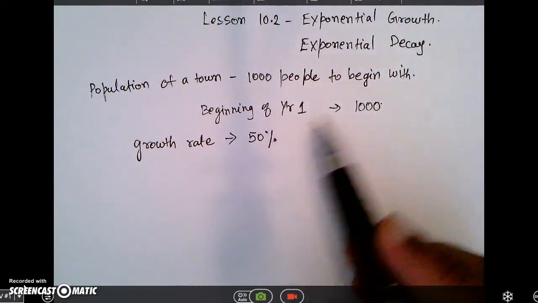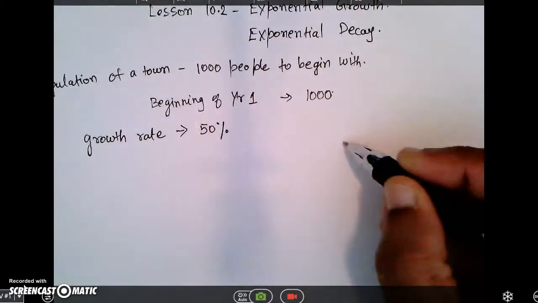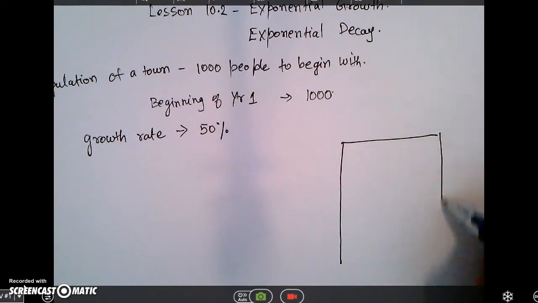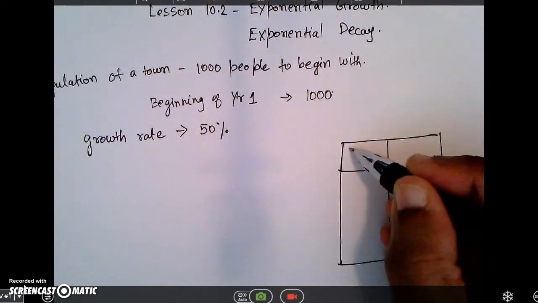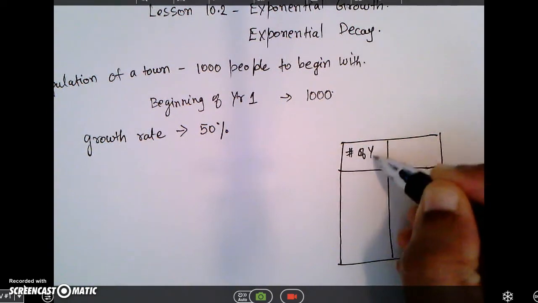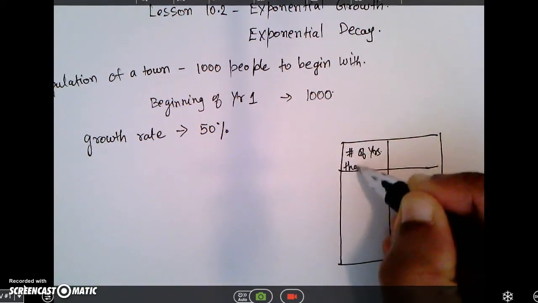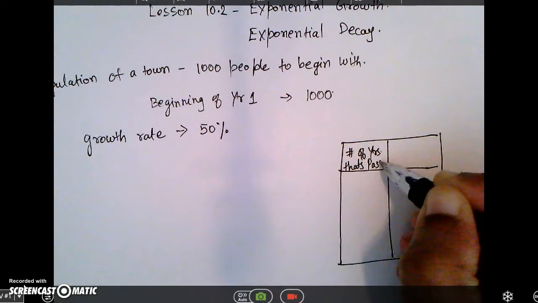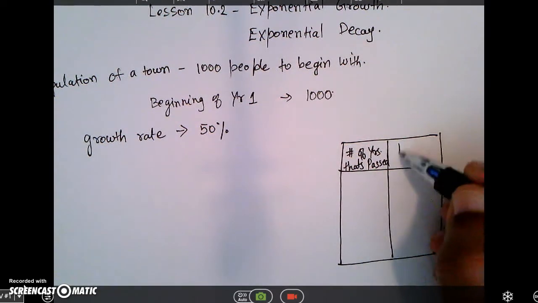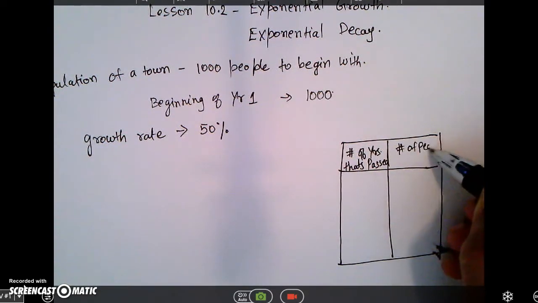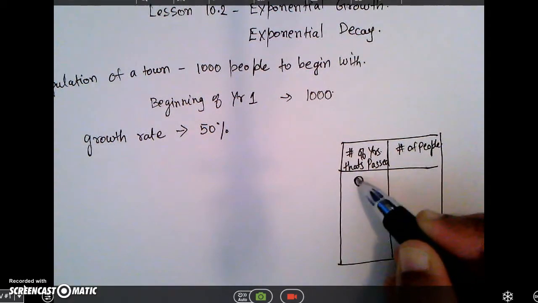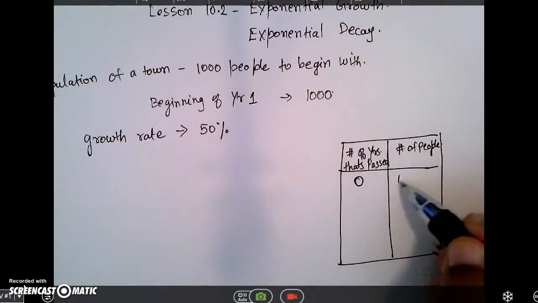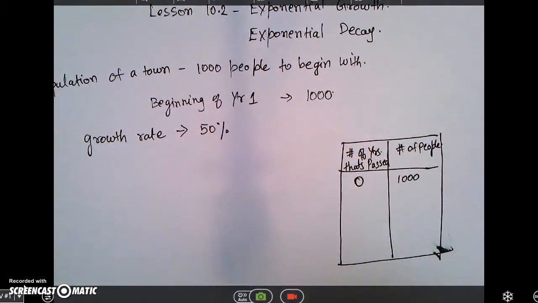So for the beginning of the first year, I'm going to make a table. This is the number of years that has passed, and this is the number of people. At the beginning of year 1, no year has passed, and I start with 1,000 people.